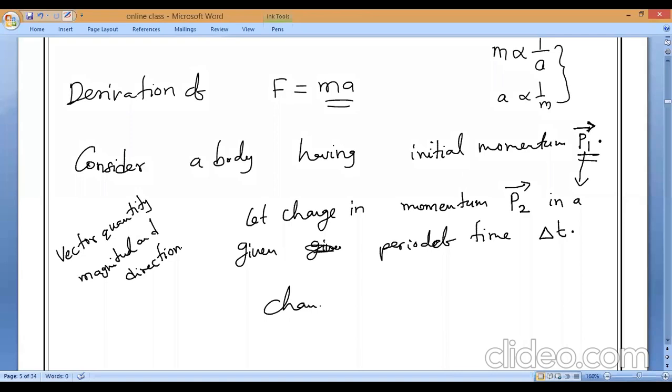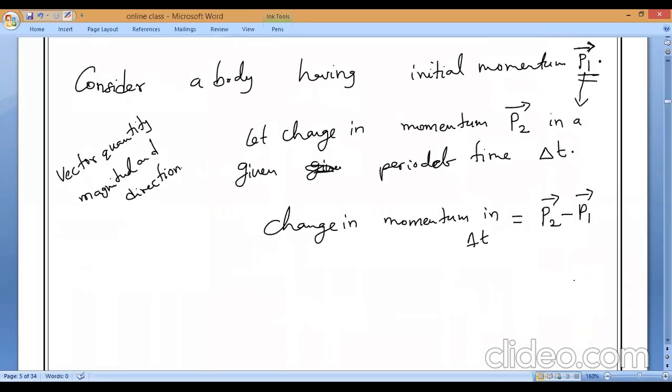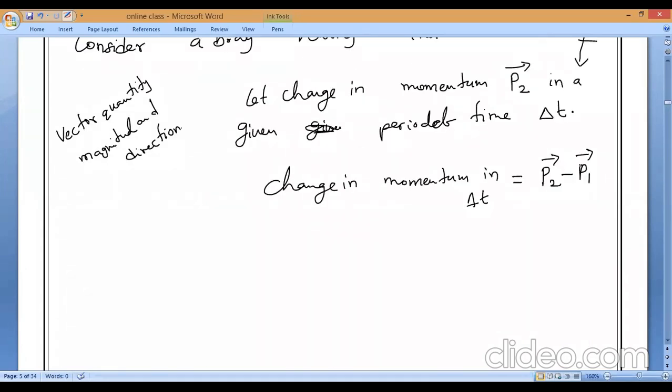Anybody tell me the formula? Change in momentum in delta T time equals P2 minus P1, final momentum minus initial momentum. That is the change in momentum.